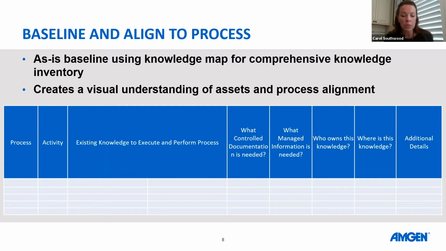And it supports process execution. So it addresses lessons learned, best practices. So a primary function of this tool is to create a visual understanding of how knowledge aligns to the processes. So where it lives, who owns it, and we can quickly begin to see where there are redundancies or gaps in our flow of information.